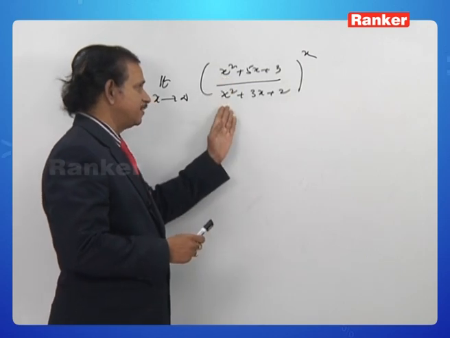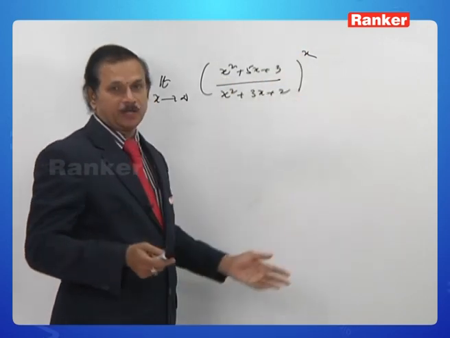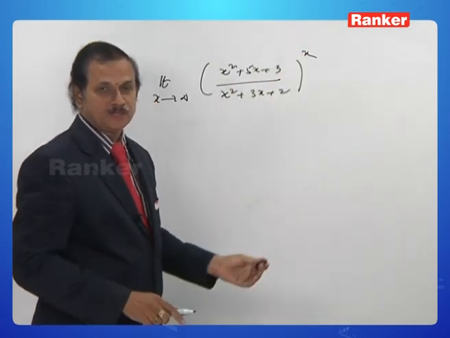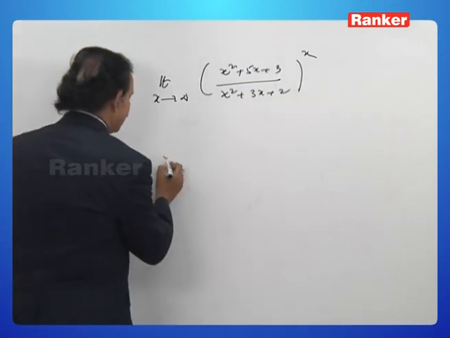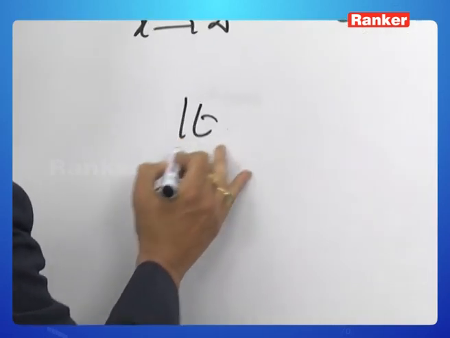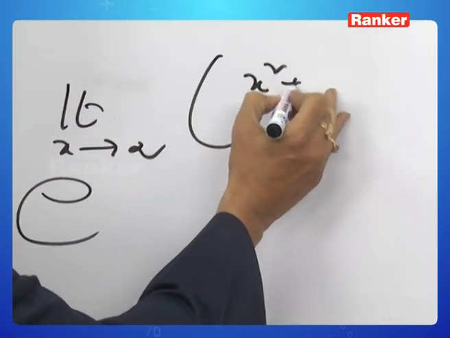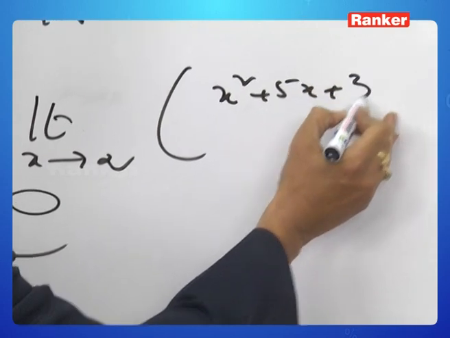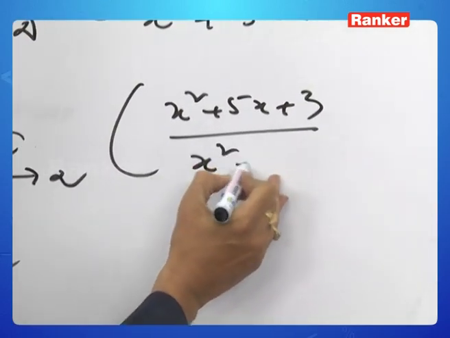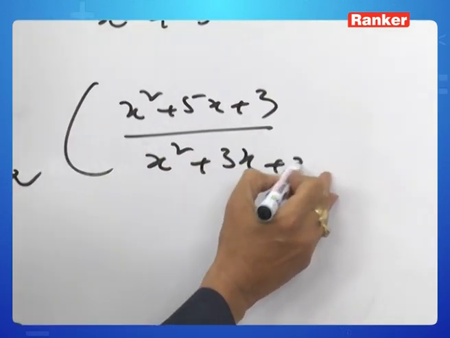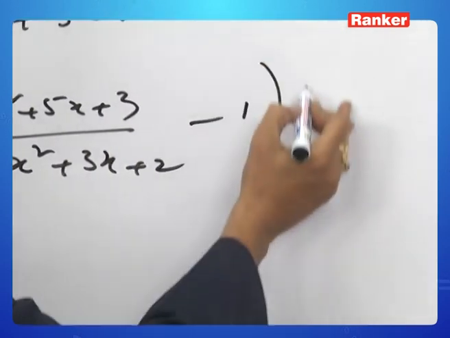As x tends to infinity, this tends to 1 and that is infinity. It looks like 1 power infinity. We can simplify this as e power limit as x tends to infinity of (x square plus 5x plus 3 by x square plus 3x plus 2 minus 1) into x.